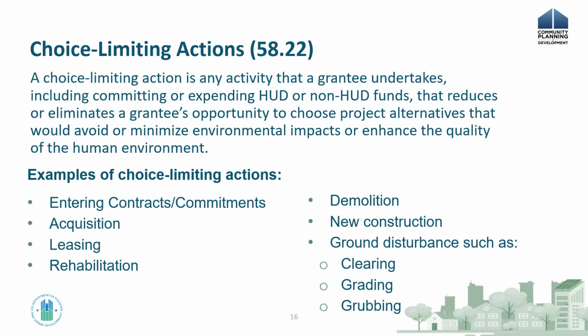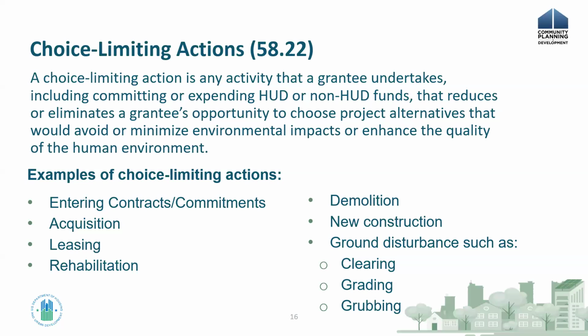If the environmental review has not been completed, then that analysis of reasonable alternatives to choose from has not been completed either. By taking an action without considering those alternatives, that essentially binds the project to a narrowed course, cutting off the possibility of alternatives prior to completing the environmental review. That is considered a choice limiting action.